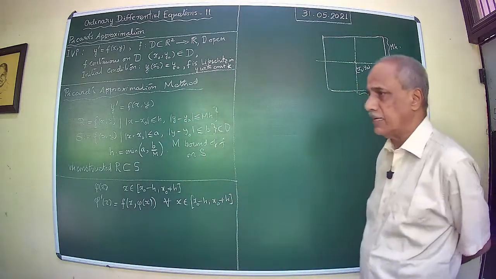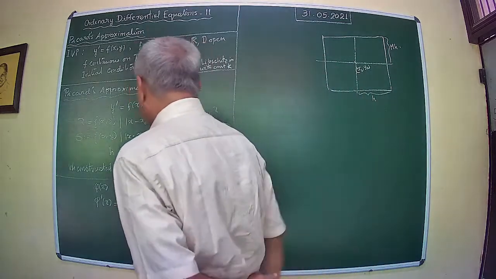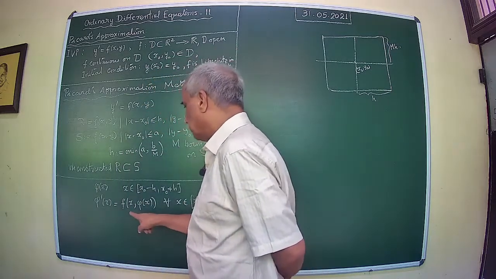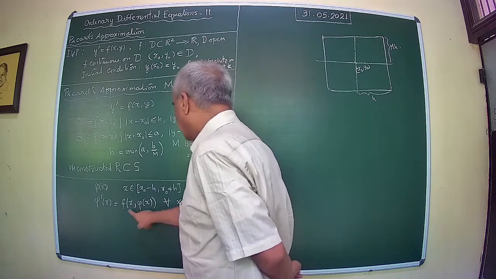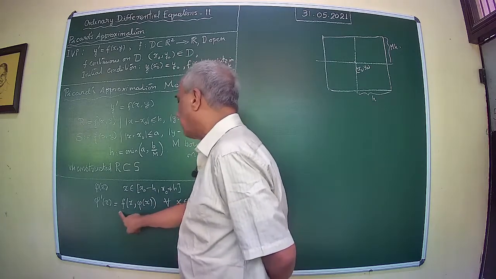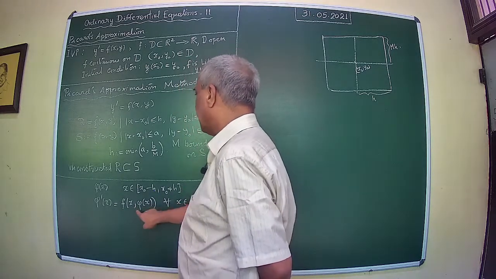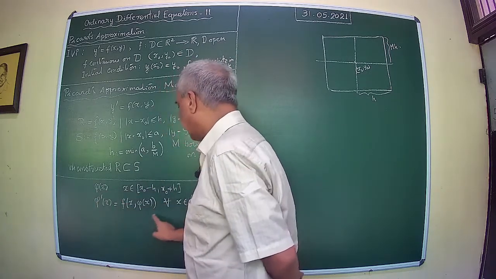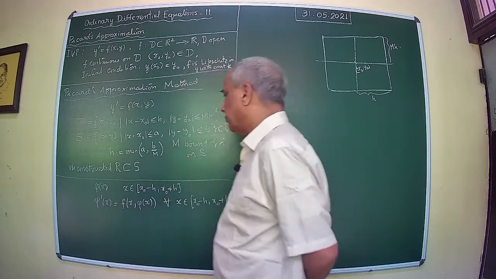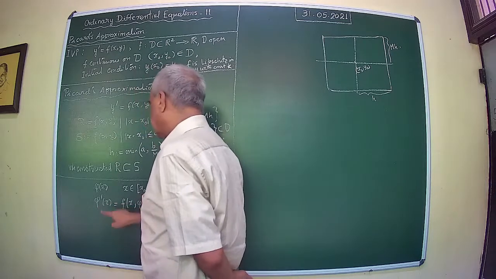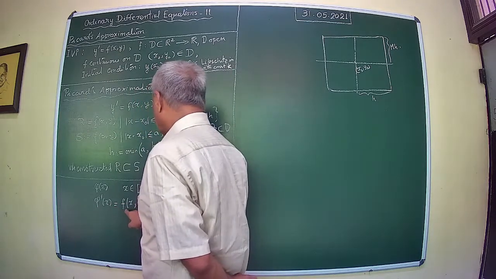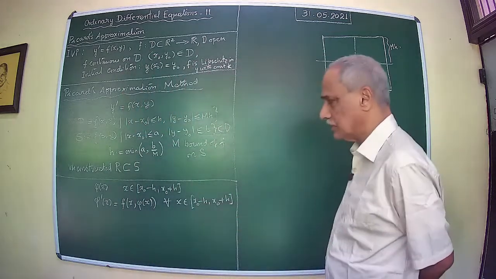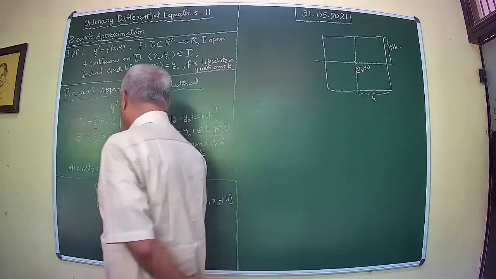Phi is an admissible function, in the sense that whenever x belongs to the interval x0 minus h to x0 plus h, x, phi x is in D so that f is defined, or more specifically x, phi x is in R. So this is well defined, and phi is a differentiable function and the derivative is equal to the value of the function at y equal to phi x for all x belonging to this interval. Now this is what you mean by a solution.